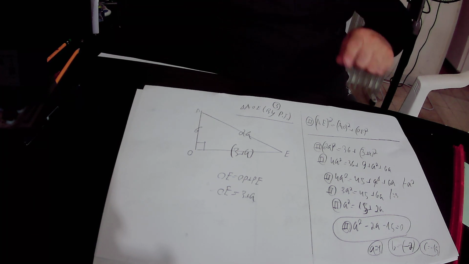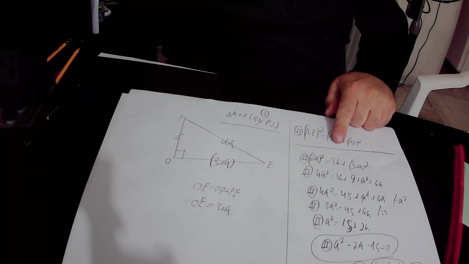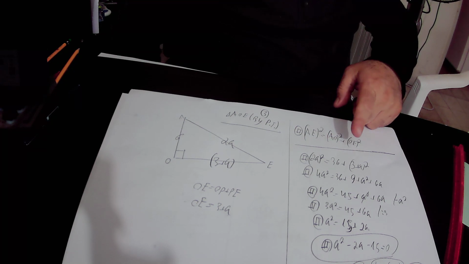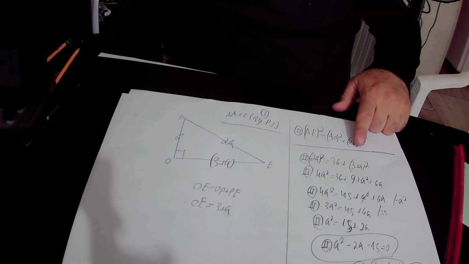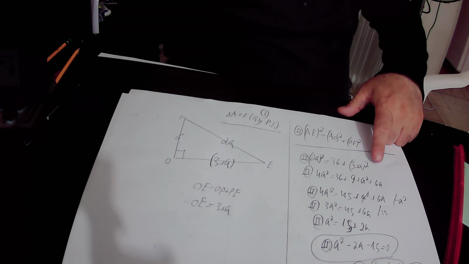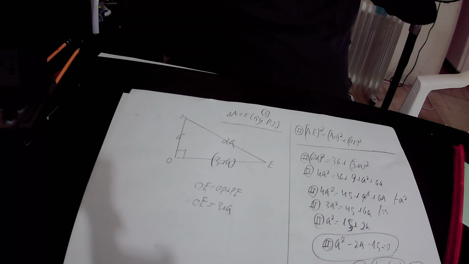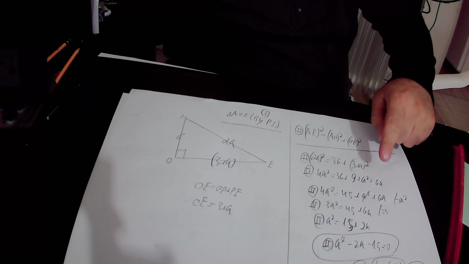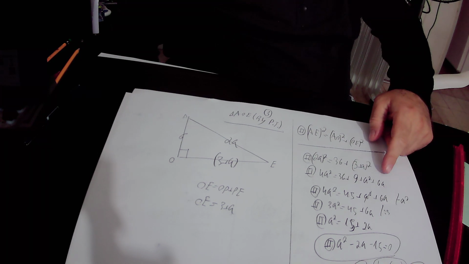We open the brackets on both sides of equation number 2. 2A squared is 4A squared. It is equal to 36 plus 3 plus A squared. 3 plus A squared equals 3 squared, that is 9, plus A squared plus 6A. So here we have 4A squared equals 36 plus 9, which is 45, plus A squared plus 6A.